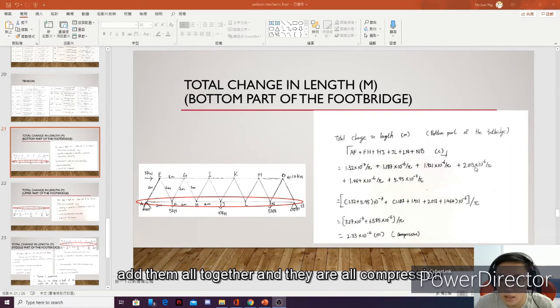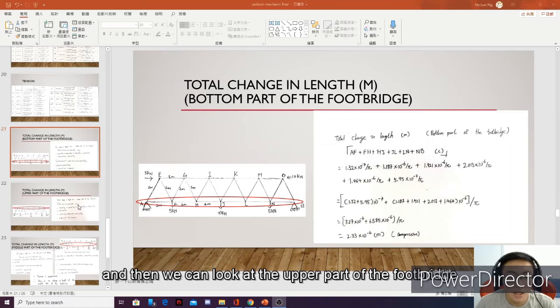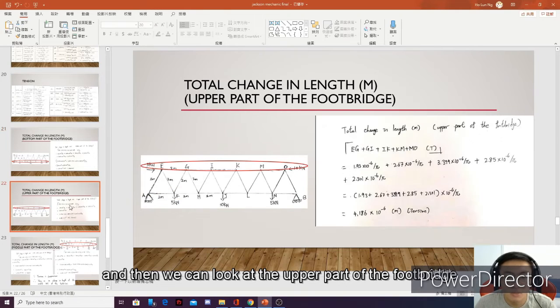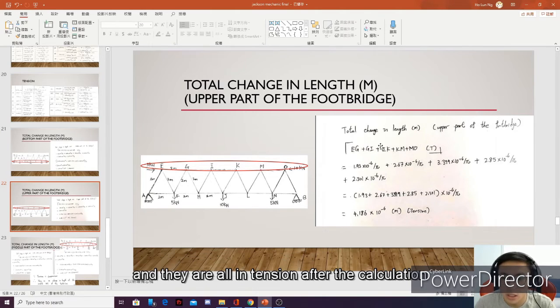Add them all together, and they are all in compression, and the result is 2.33 times 10 to the power of negative 6 meter. That means the bottom part will be shortened by about 2.33 times 10 to the power of negative 6 meter. Then we look at the upper part of the footbridge: there are EG, GI, IK, KM, and NO, and they are all in tension.